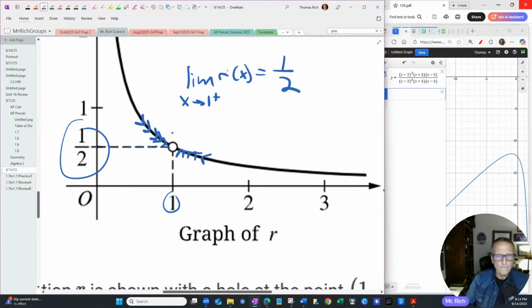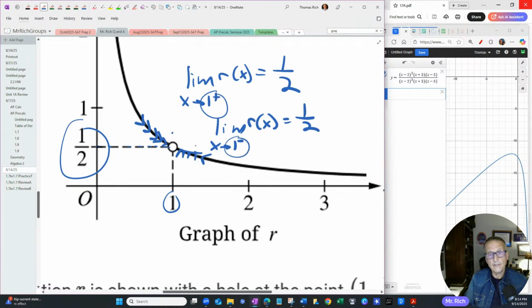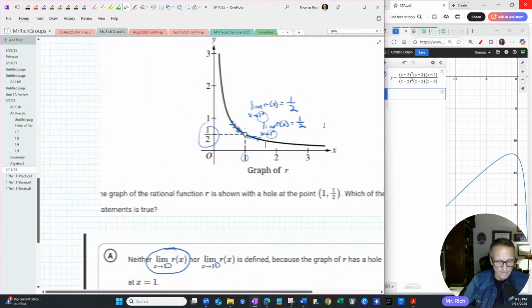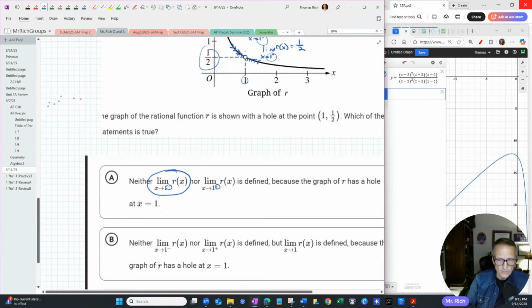So that means the limit as x approaches 1 from the left of my function is also equal to 1/2. And when both the right-hand side and the left-hand side limits are equal to the same value, the limit overall at 1 will exist, and it will be 1/2. So we can get rid of this because it says neither are defined.